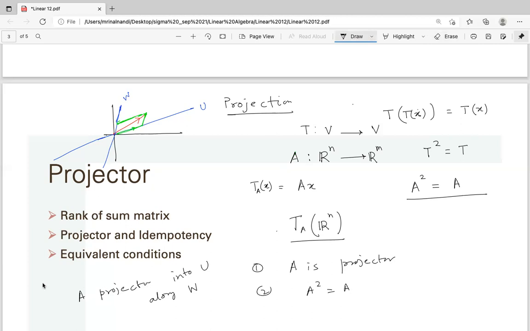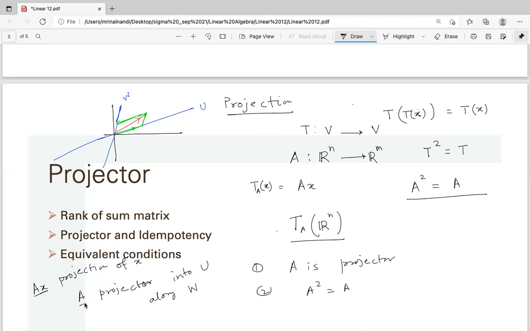That means Ax is a projection of X. Now this projector is an operator, like a function, and the projection is the vector. This Ax is the projection of X into U along W.